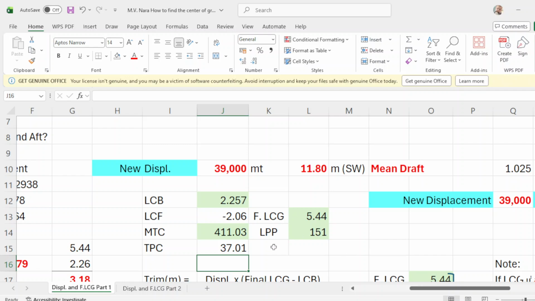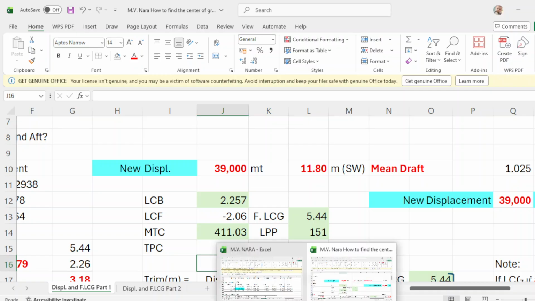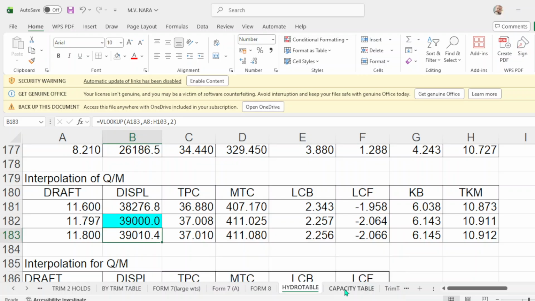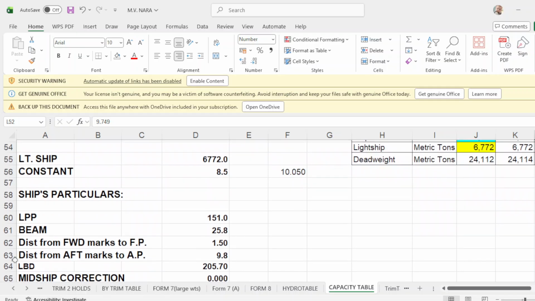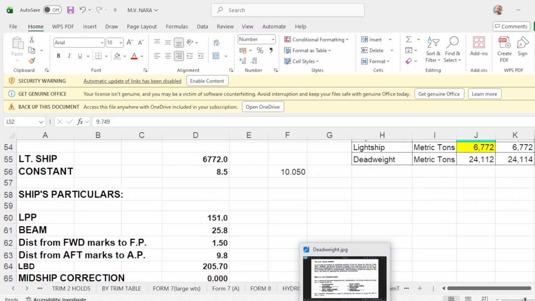And your LPP is 151. How do you get my LPP? Go to the capacity table and you will find your LPP. LPP is 151. I hope that's clear.